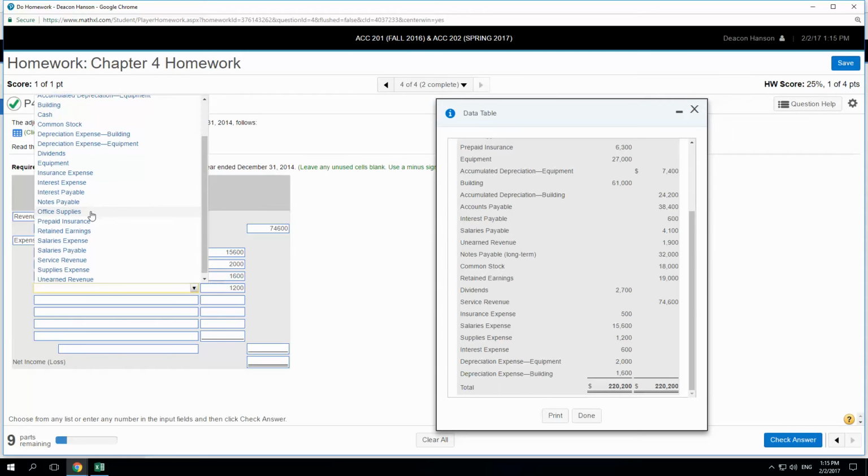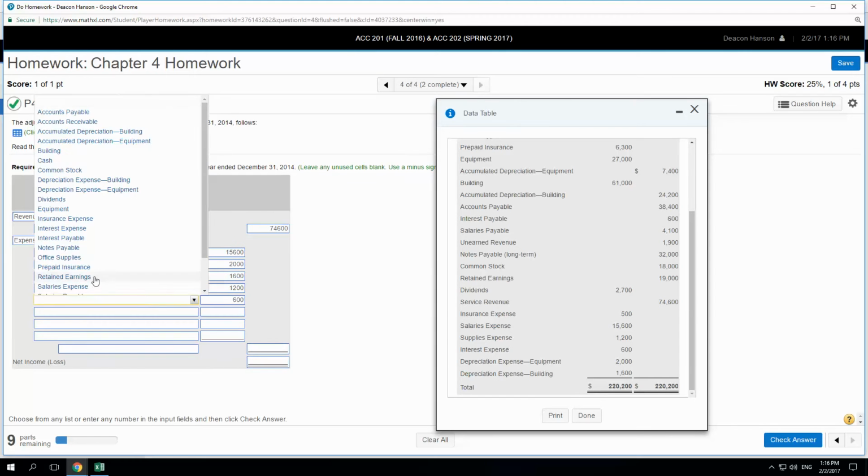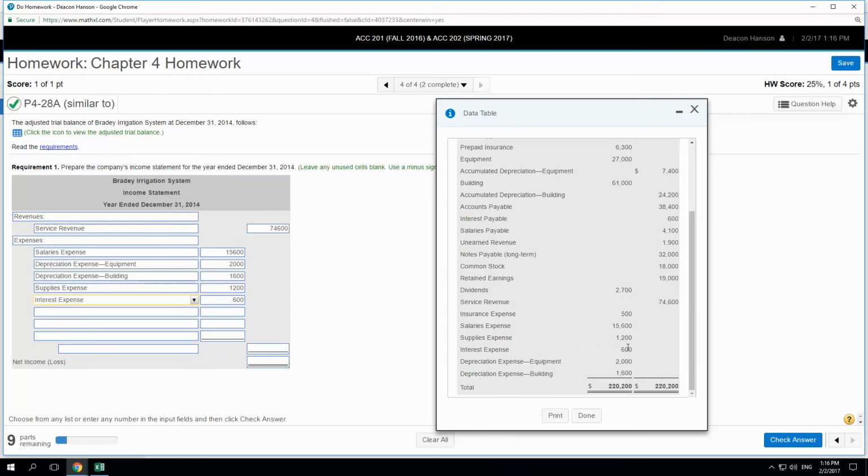Make sure you really be careful too. You don't want to get something that's not an expense. Sometimes they have the same first word in them, right? So you want to make sure you get the expense account. Then we've got $600 for interest. And then it looks like we've got $500 for insurance.